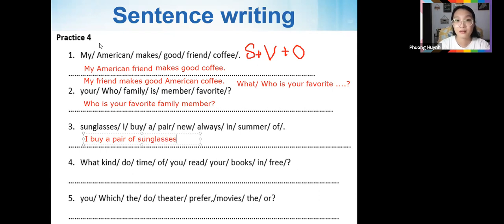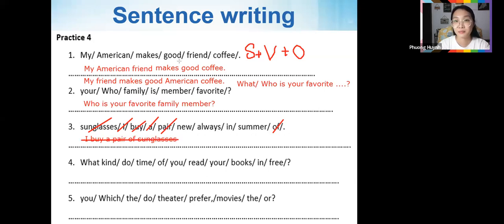Ở đây mình có những từ nào rồi? Sunglasses cô cho rồi. I rồi nè, buy rồi nè, rồi there, off. Rồi vậy còn new always in summer thì sao vậy? Thì mình sẽ viết tiếp. Mà cái câu này cô sửa lại bên này ha. Rồi để xóa này đi, tại vì câu này chưa đúng nè.